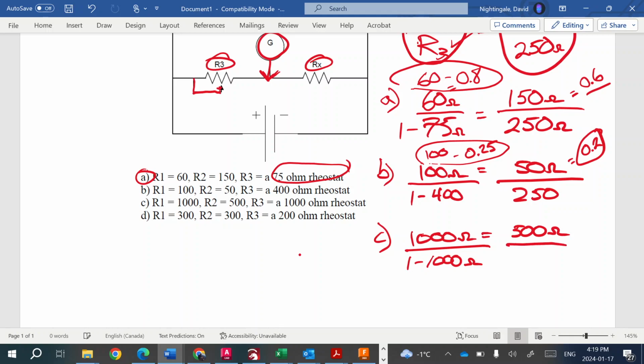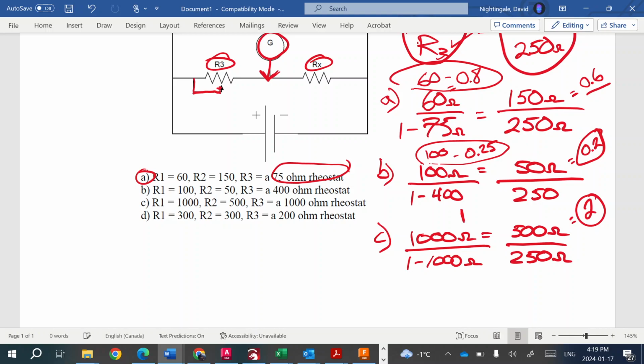And we know that Rx is 250 ohms. Okay. So the ratio here, if we were to solve that, is 2. 500 divided by 250 is 2. And 1,000 divided by 1,000, so at the minimum range, is 1.